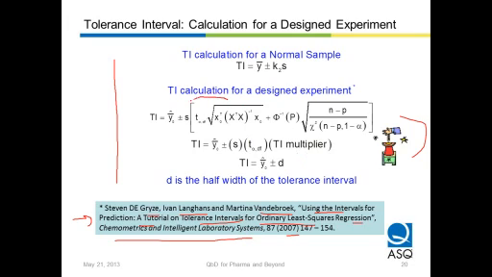What it boils down to is a quantity that ends up being multiplied by S. This is known as the TI multiplier, or TIM. At least that's what we're calling it. Just a little side joke: TIM brings to mind TMI, which is too much information.